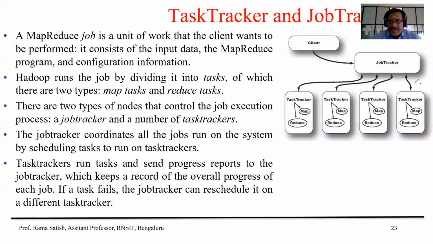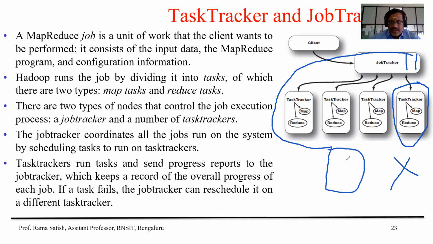So it remembers that this particular task tracker has not sent the progress report. Whatever task had been allocated to it will be allocated in parallel to another machine, where you have both mapper and reducer.